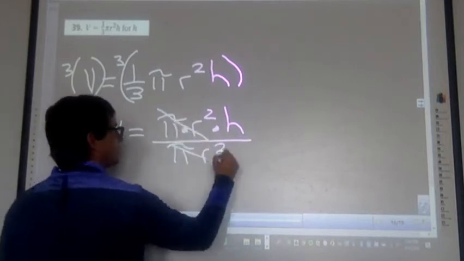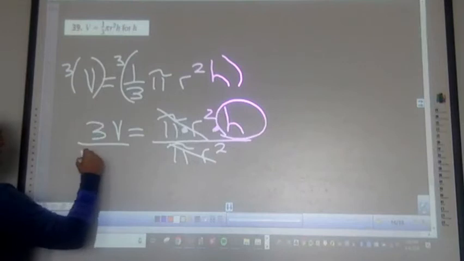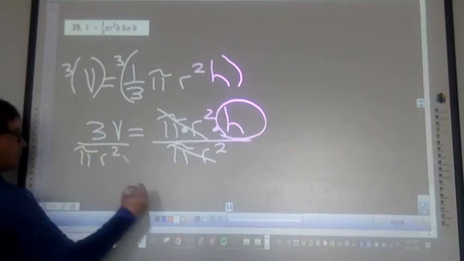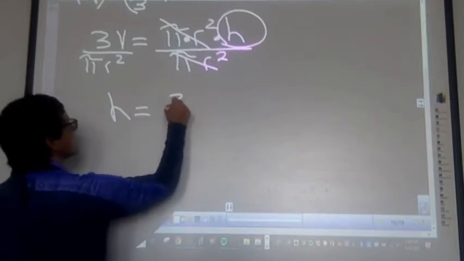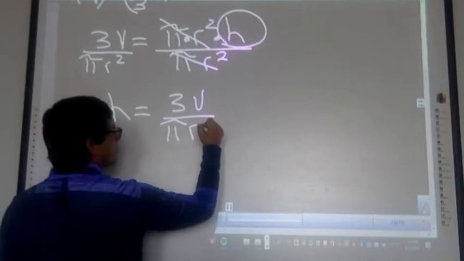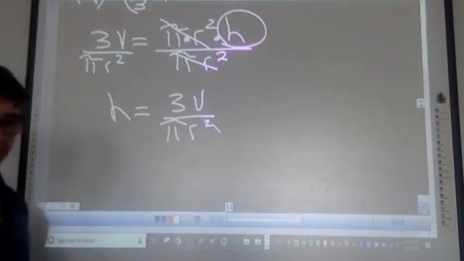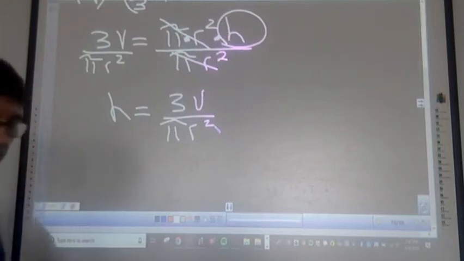Because then I only have that H left on the left side. So I get H equals 3 times the volume over pi times the radius squared. Thank you. No problem.